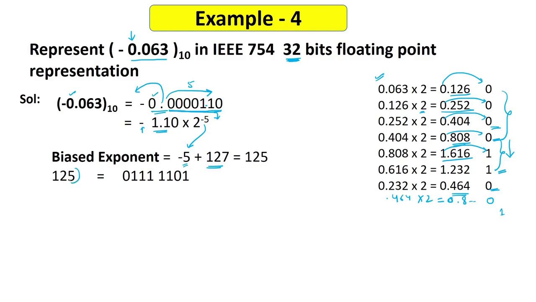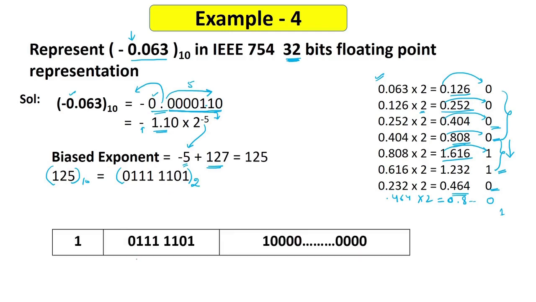Now 125, which is a decimal number, if I convert to binary, it will look like this one. Okay, so how many bits is it? 8 bits. In 32 bits, it is an 8-bit exponent, right? Now what is the next thing? The next thing is I have to represent this in a total of 32 bits. So here you can see my bit pattern will look like this one. Okay, so this sign bit is 1 because this number is negative, right?